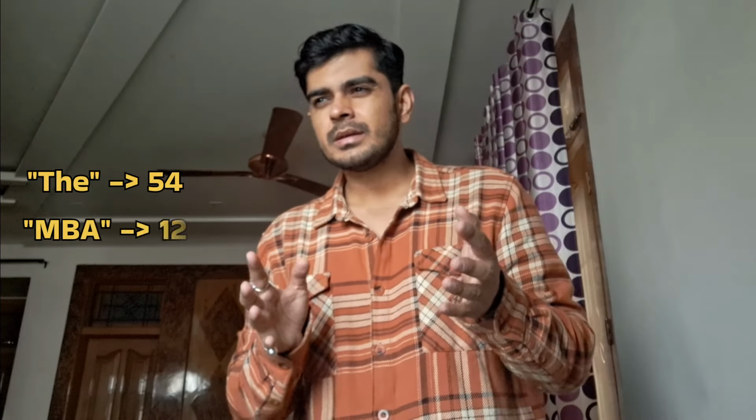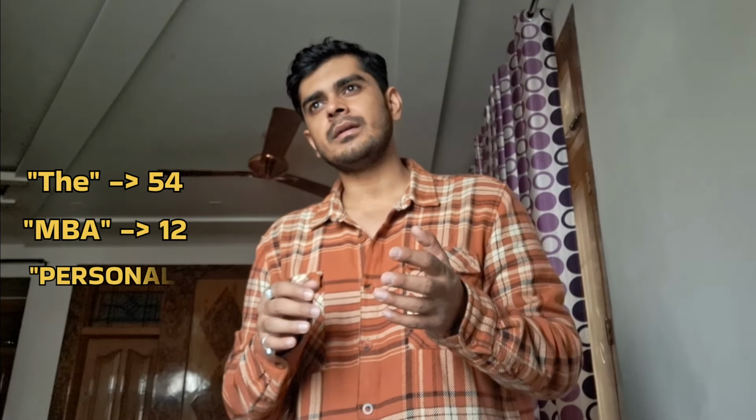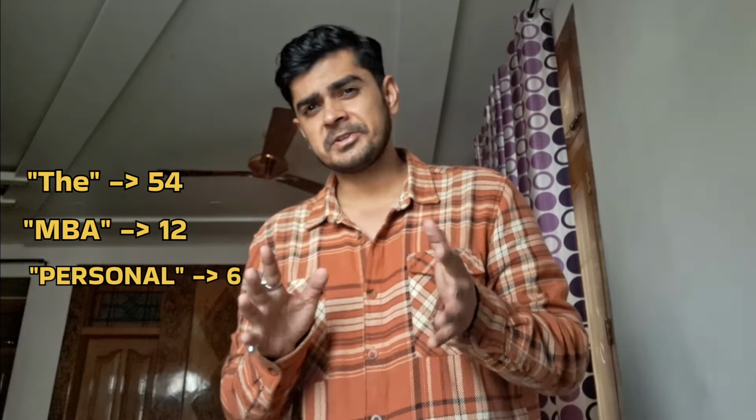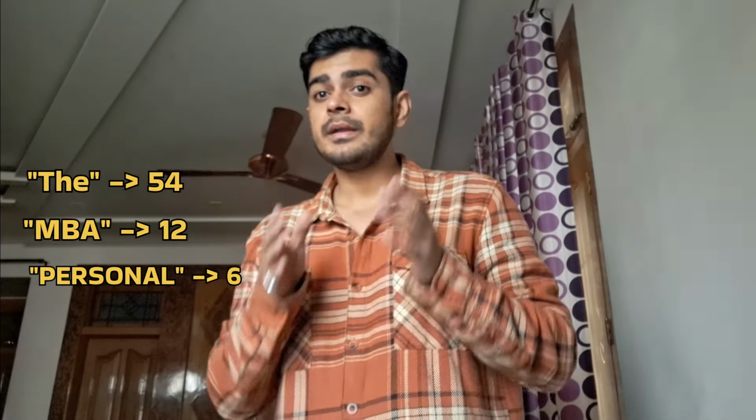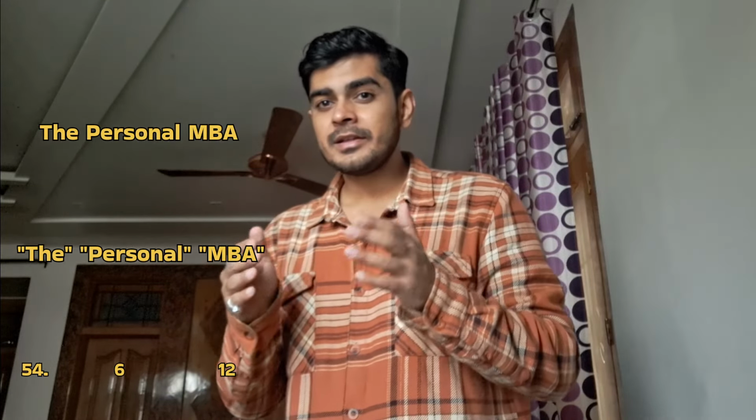After that, we assign a value to a token, like a random value. Let's say I give a number, like a roll number, to each token for unique identification. Let's say "the" is number 54, "MBA" is number 12, and "personal" is number 6. So I assign a number to each token.